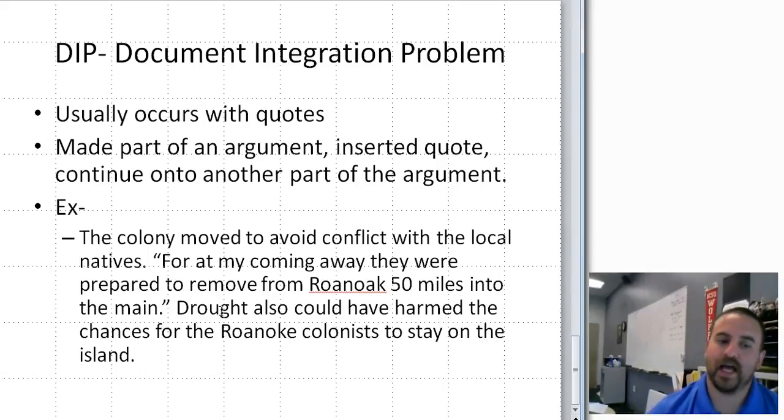It doesn't mention, as evidenced in this quote from John White's journal. It just inserts it and leaves it, which isn't going to give you a lot of points because it looks lazy, it is lazy, and it chops your argument up to where it can't be followed all that well, and it weakens it.